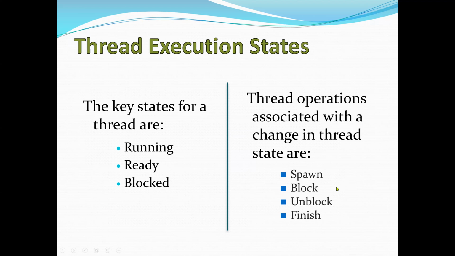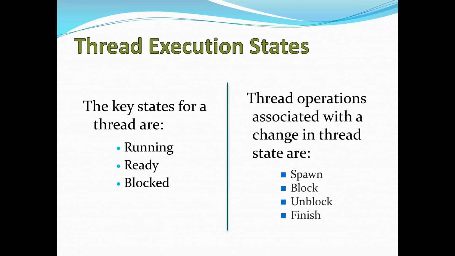When it comes to block, when a thread needs to wait for an event, it will block and save its user registers, program counter, and stack pointers. The processor may now turn to the execution of another ready thread in the same or a different process. Unblock is when the event for which a thread is blocked occurs.